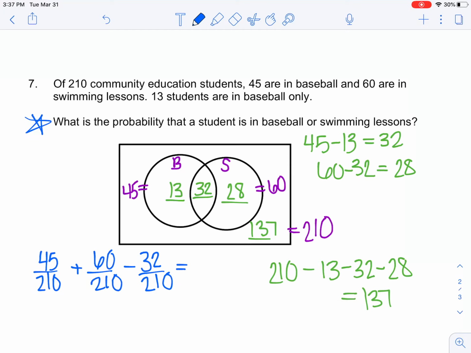So if we take 45 plus 60 minus 32, we get 73 out of 210, and this fraction does not simplify. So there's a 73 out of 210 probability that a student is in baseball or swimming lessons.